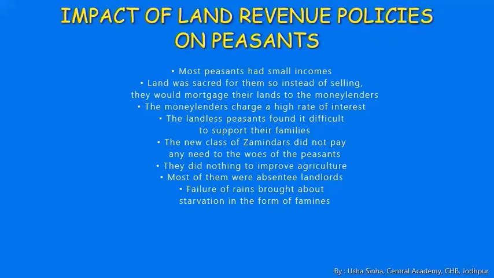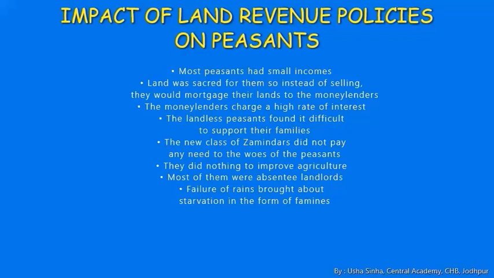The money lenders charged a high rate of interest which the peasants were unable to repay, and hence the land was taken away by the money lenders. The landless peasants found it difficult to support their families.